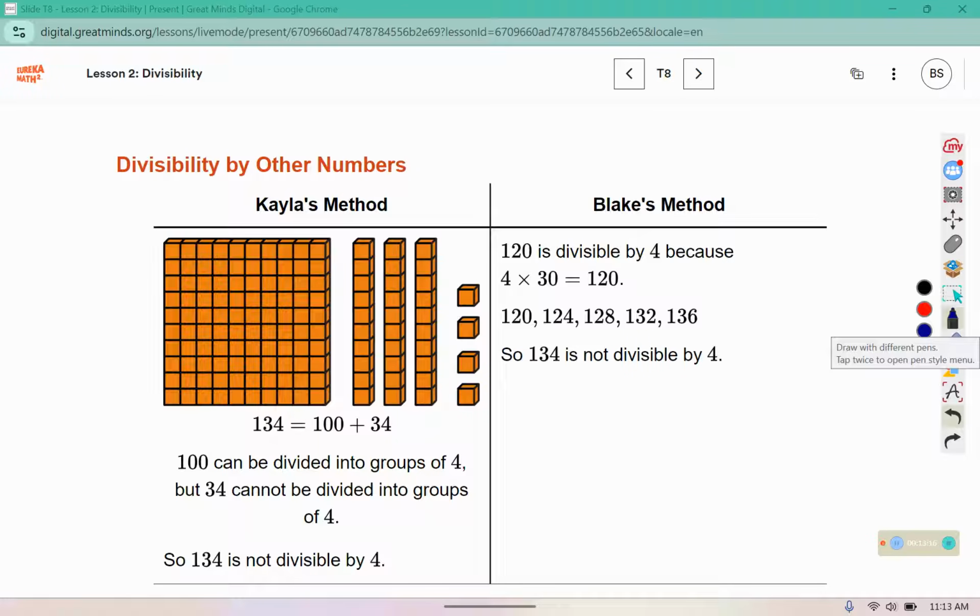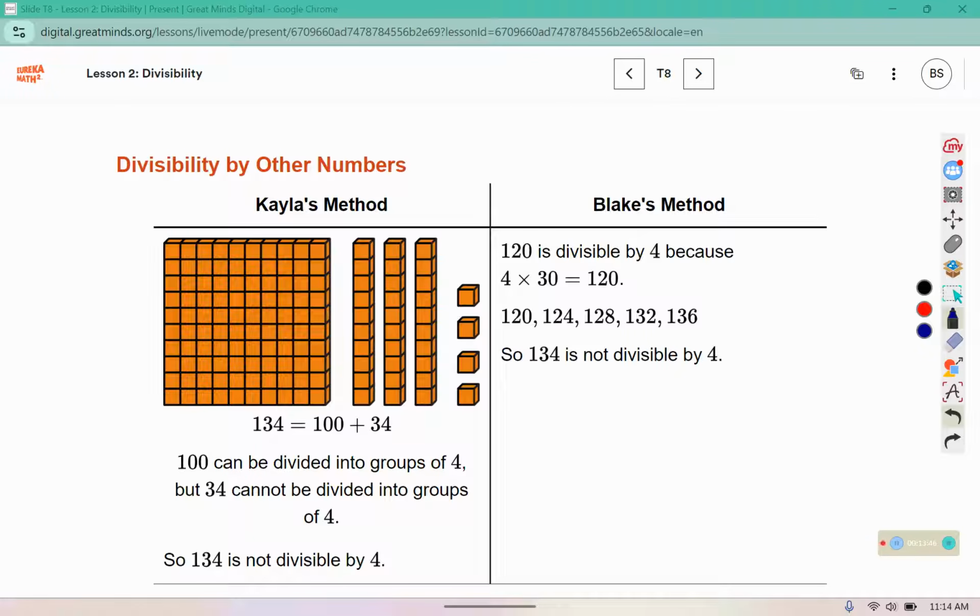Explain how Blake determined that 134 is not divisible by 4. Well, first he showed that 120 is divisible by 4. It's a multiple of 4. And he started at 120 and he skipped counts. 124, 128, 132, 136. And he realized, nope, 134 is not divisible by 4.